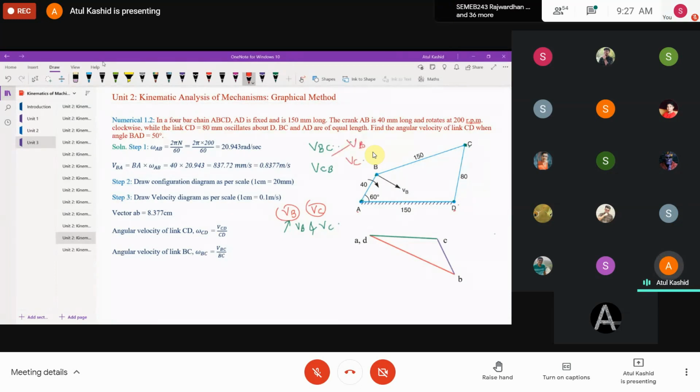We cannot represent this velocity of BC by velocity of B, because that can be represented only if it is with respect to a fixed point, for example A. Only at that time we can represent this. But whenever there are two moving points, here B and C both are moving, neither of them is a fixed point, right? So here we represent it by velocity of BC or velocity of CB. Okay, so I think the concept of absolute velocity and relative velocity is clear.